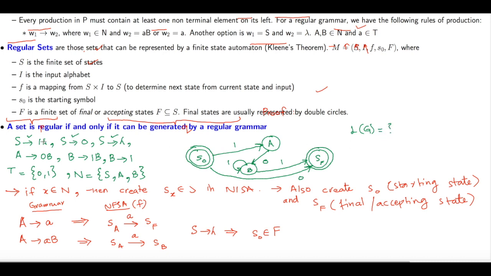Now from S we can go to 1A, and then A can go to 0B. So I can say 10B, and then B goes to 1B, and B also can go to 1.